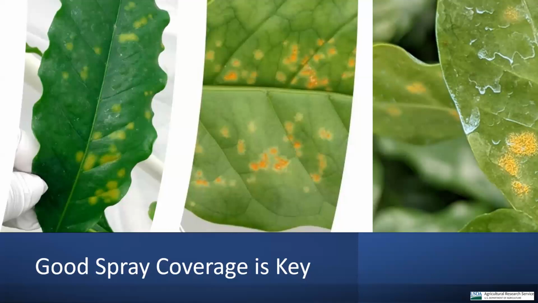Now, just to show you that even with our application of a potted plant, this is a good example on the right side, we sprayed copper. We thought we got good coverage. We let the product dry and then immediately inoculated the plant with CLR. And you can see here within about 3 to 4 weeks, we started seeing these yellow spores.